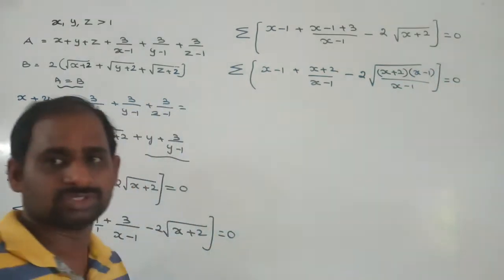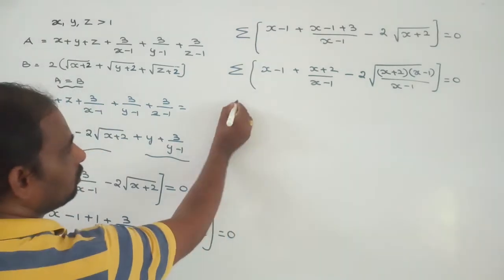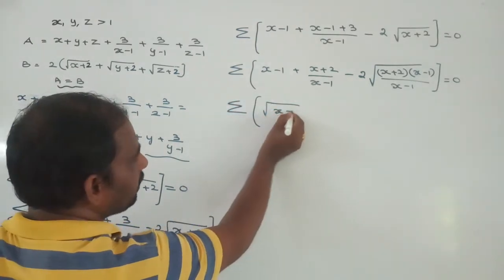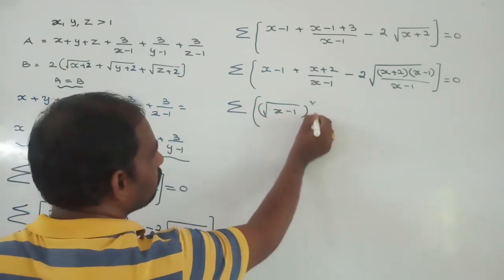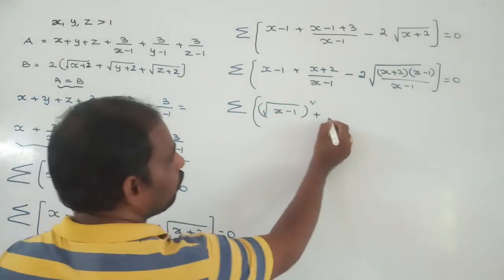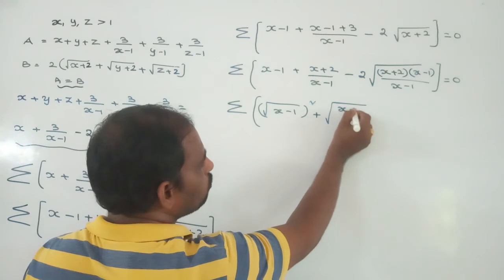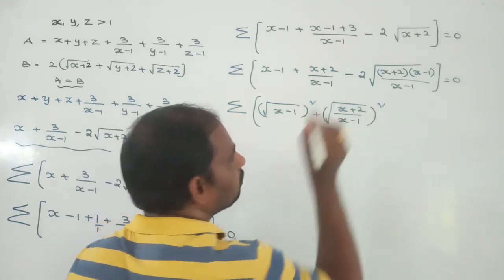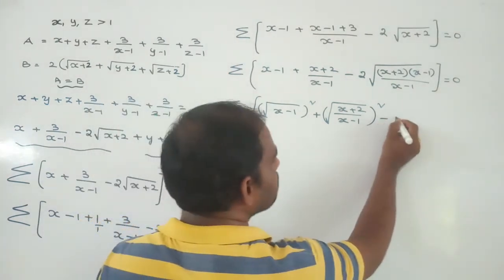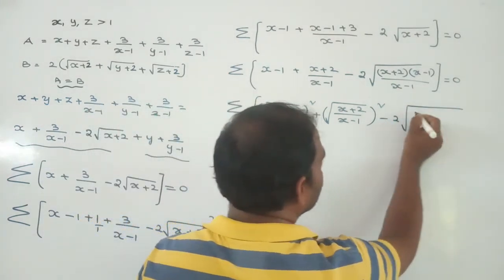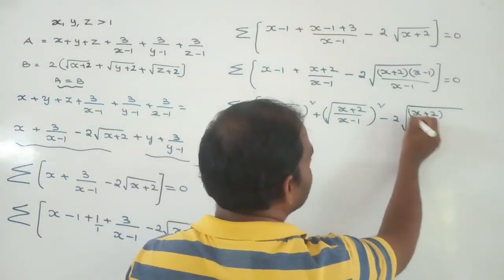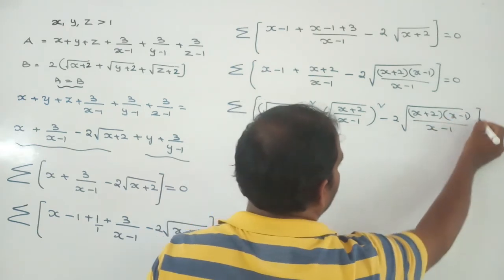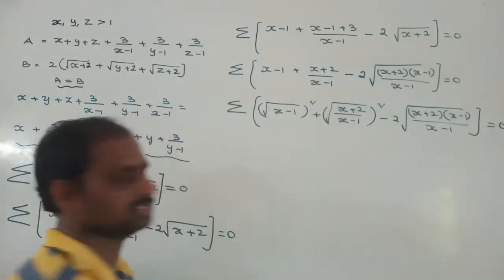So what is the use? It will come in the next step. So this can be written as root x minus 1 whole square plus root of x plus 2 by x minus 1 whole square minus 2 into root x plus 2 into x minus 1 by x minus 1 is equal to 0.